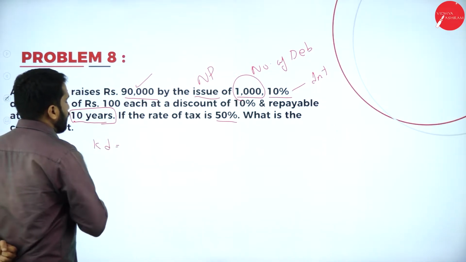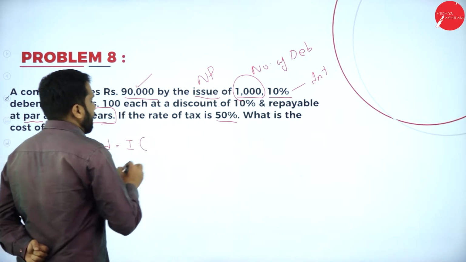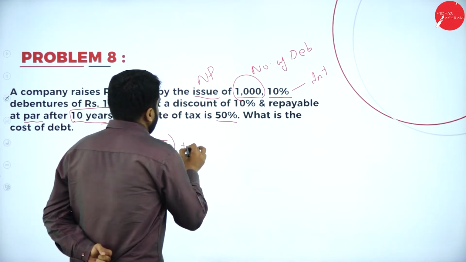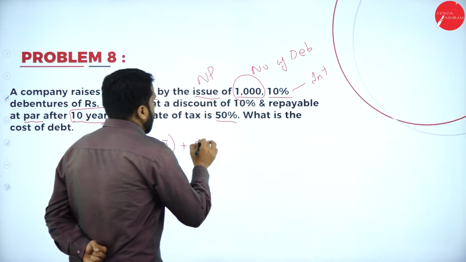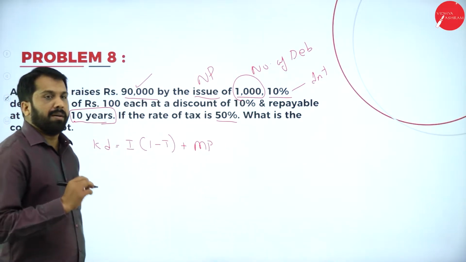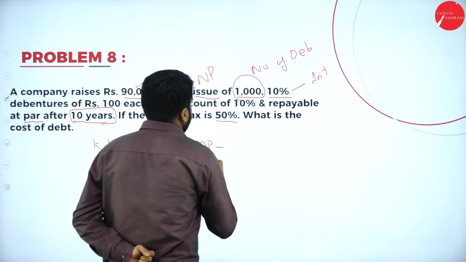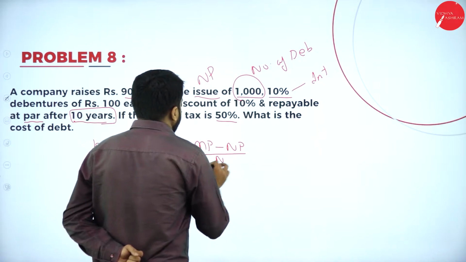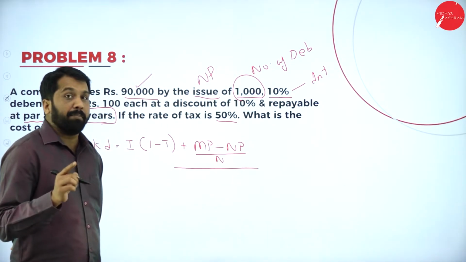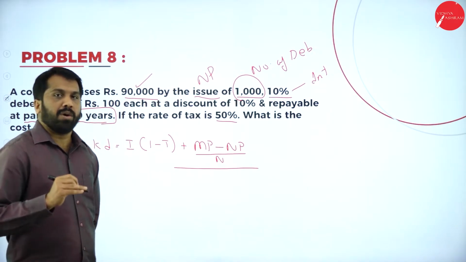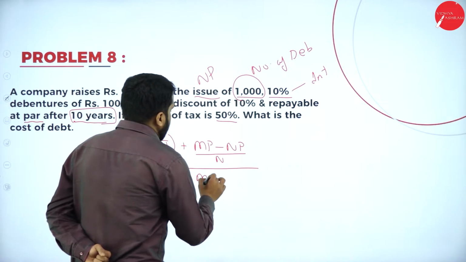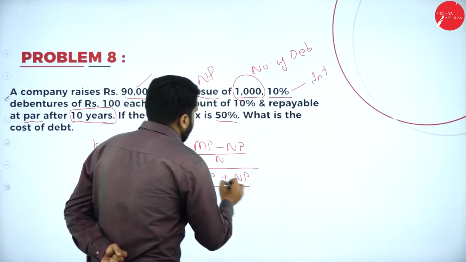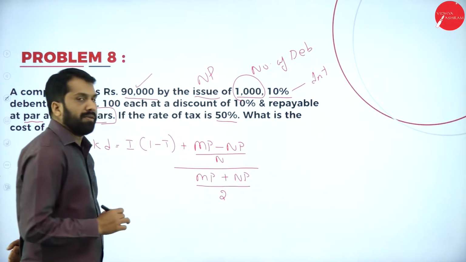Cost of debenture is equal to I in the bracket (1 minus tax), plus MP minus NP divided by number of years, the whole divided by MP plus NP divided by 2.